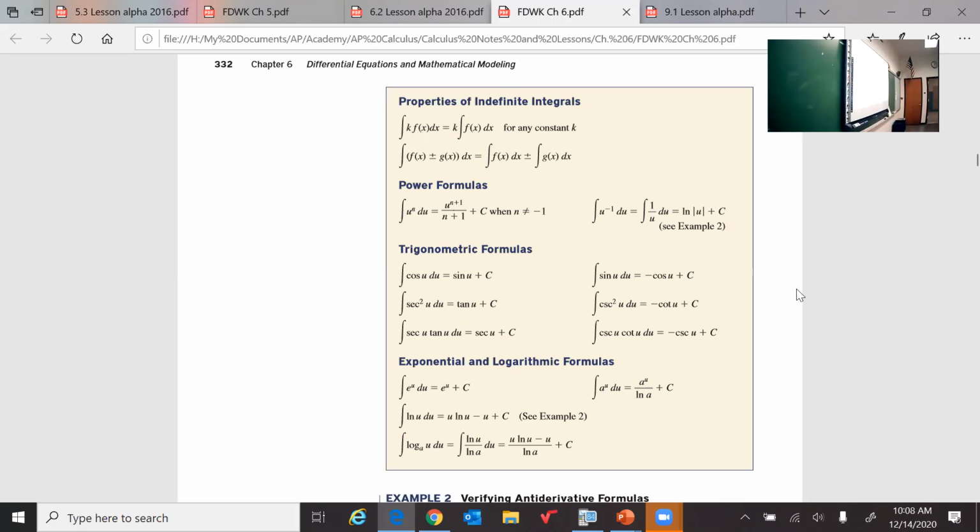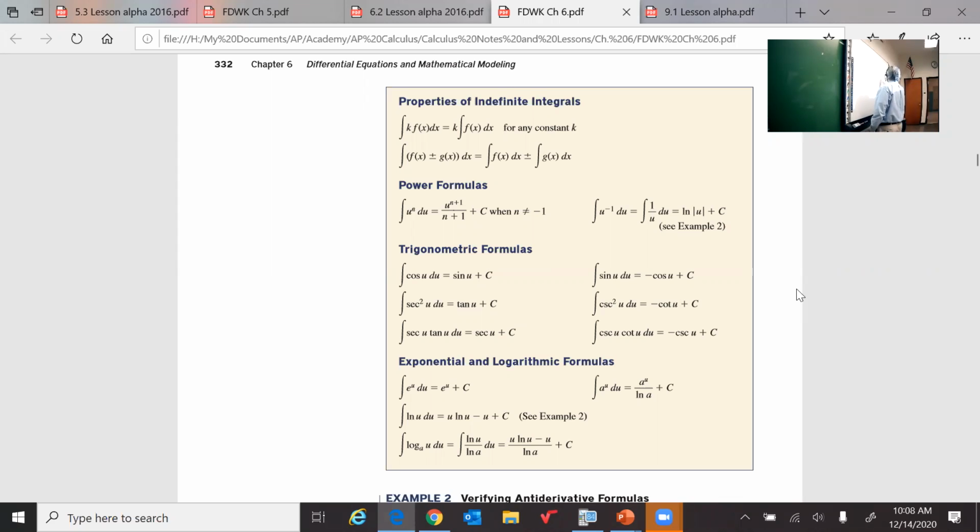Now, we're not going to write this down. Properties of indefinite integrals. Well, right here, this is the power rule reversed. And it says, when n is not equal to -1. Because if n is equal to -1, when you add 1 to it, you would get mu to the 0 divided by 0.